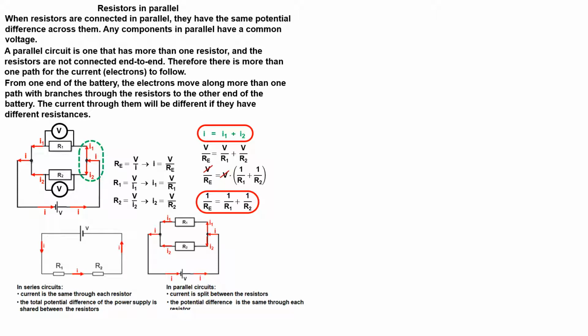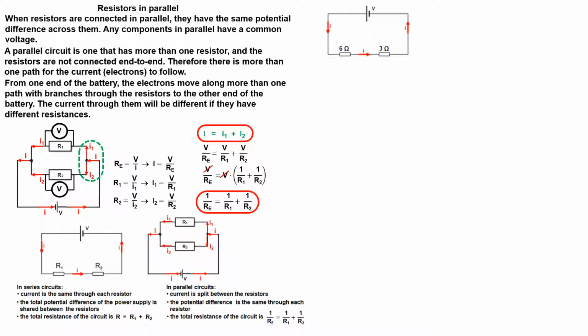In series circuits, the total resistance of the circuit is. In parallel circuits, the total resistance of the circuit is. Now let's calculate the equivalent resistance in each circuit.